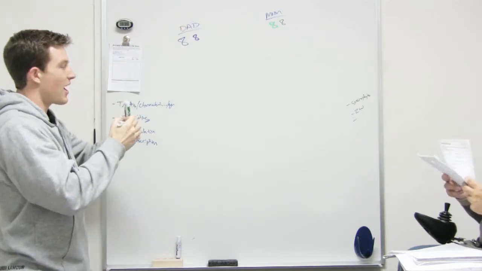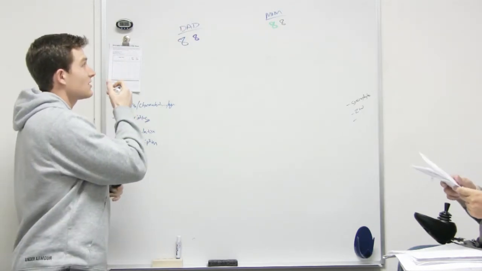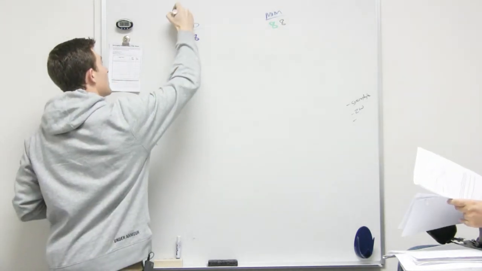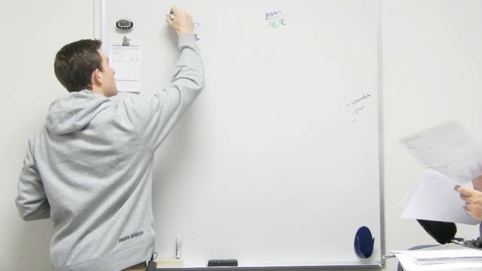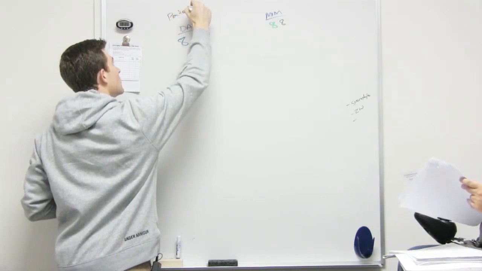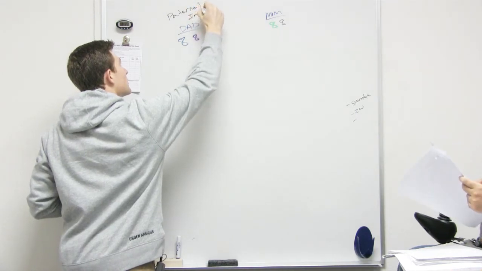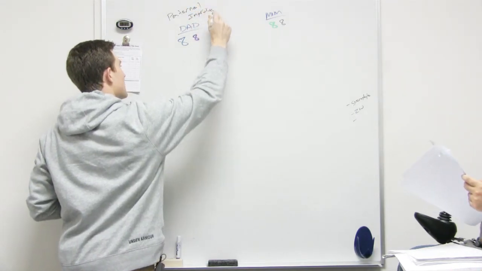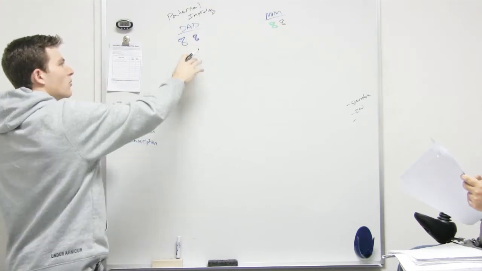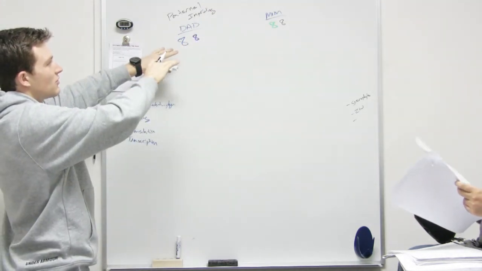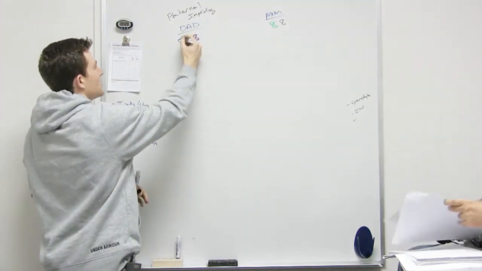So we're going to say dad in this specific gene always imprints. So I'm going to say paternal imprinting. We don't exactly know which of his chromosomes, so let's say that he got this one from his dad.